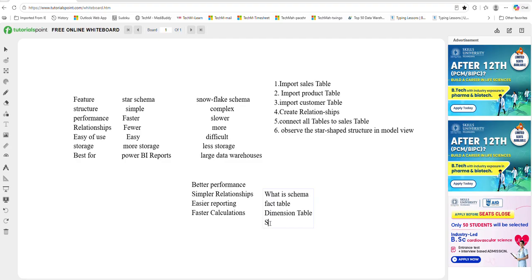Now star schema. Next, snowflake schema. Next, the difference between them. I already explained the difference between the star schema and snowflake schema.